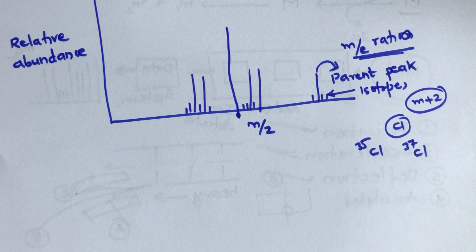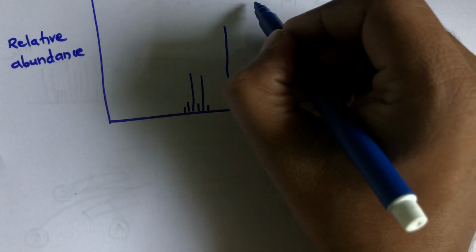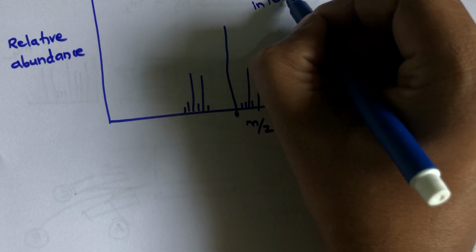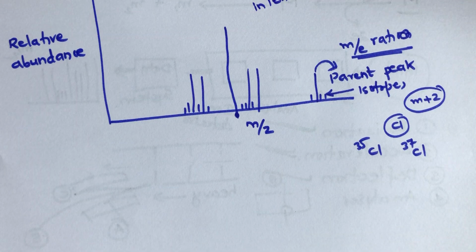Then comes the base peak. The base peak is the most intense peak, or the tallest peak in the mass spectrum, due to the ion with the greatest relative abundance.